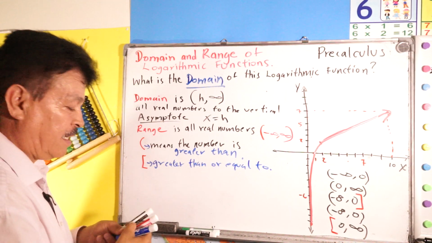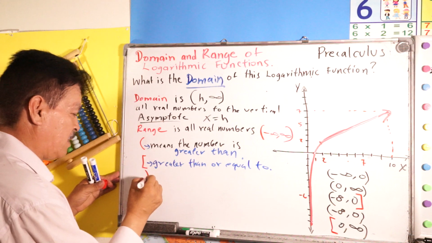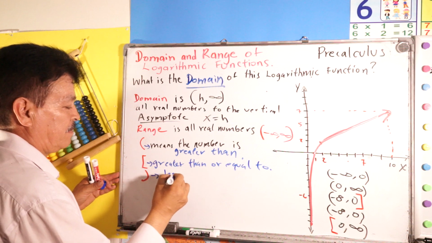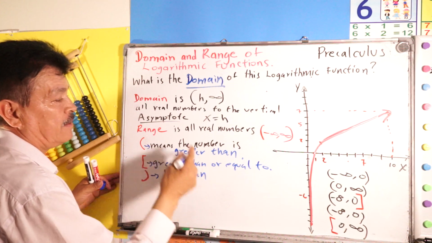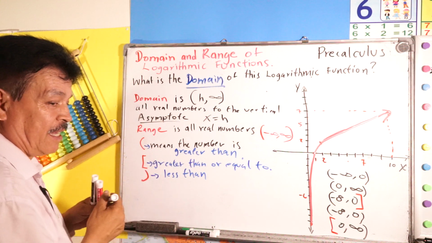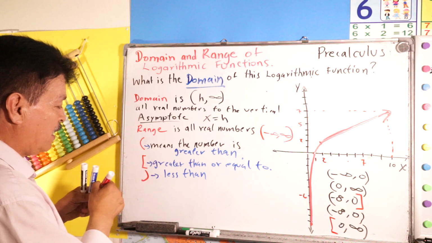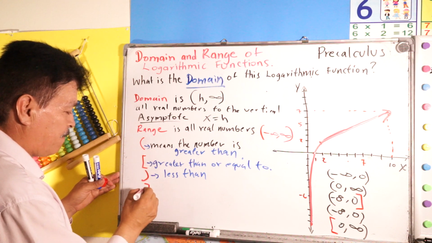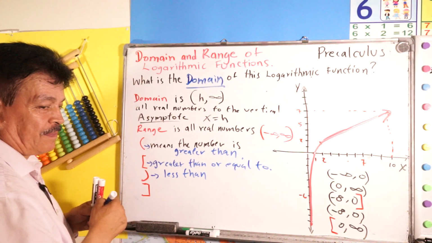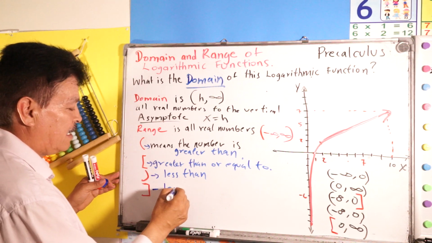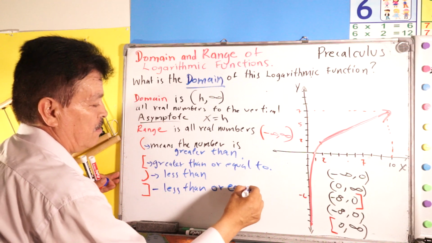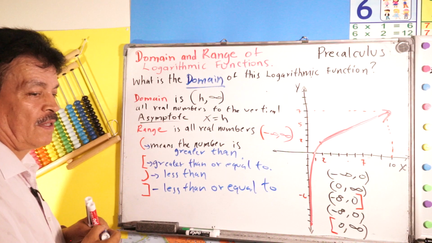Okay, the sign is different, and then when you have the sign in this way, this is less than. It's very important. Remember all these signs, okay? And then also when you have this sign in this way, like for instance here, this is less than or equal to.